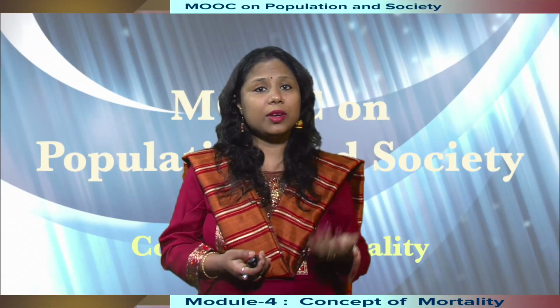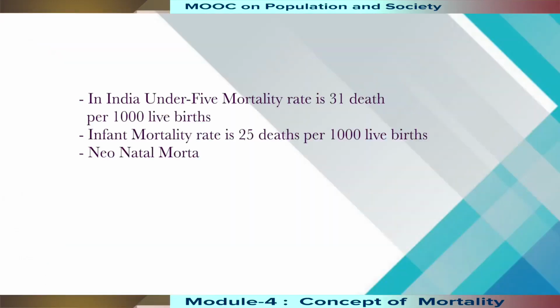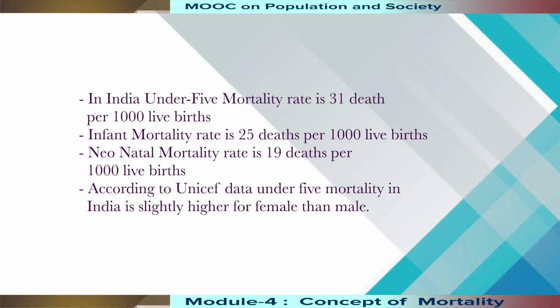According to the UNICEF data, in India, under 5 mortality rate is 31 deaths per 1,000 live births. Infant mortality rate is 25 deaths per 1,000 live births. Neonatal mortality rate is 19 deaths per 1,000 live births. According to UNICEF data, the under 5 mortality in India is slightly higher for female than male.